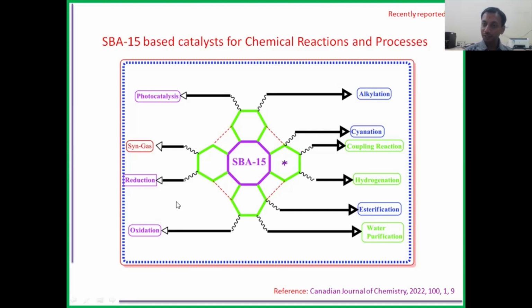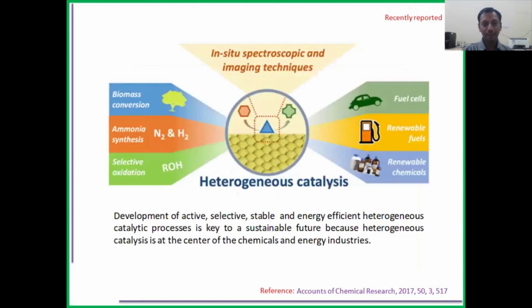For reduction and oxidation also we can use SBA 15. This SBA 15 is a mesoporous silica support, and the metal particles can come on the support. These metal particles can act as an active site on the support. This active site provides the reaction place where the reaction occurs on the surface.